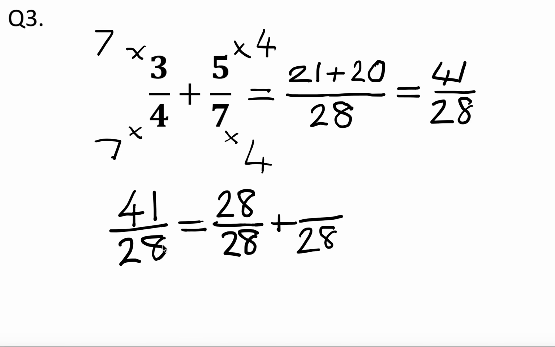We have got 13 bits left over 28. 28 over 28 is 1. And 13 over 28. So the answer is you've got 1 and 13 over 28.